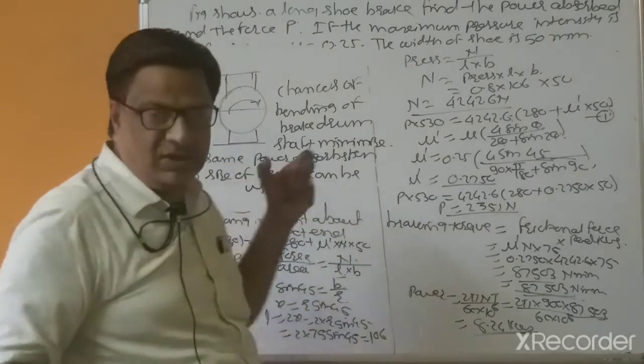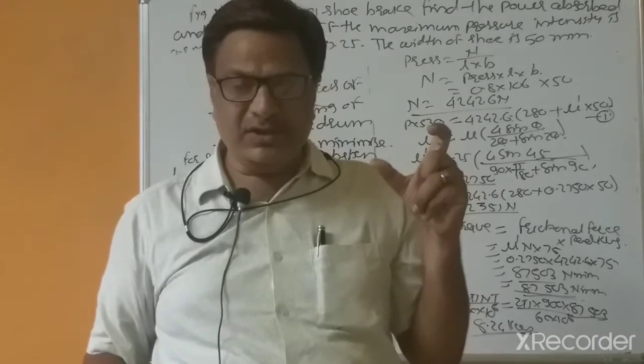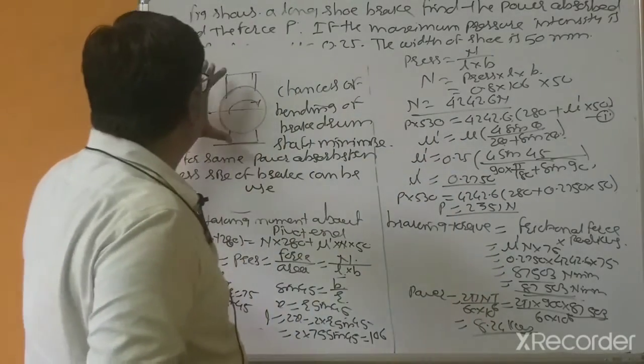So the drum size can be decreased, and this is the balanced condition.